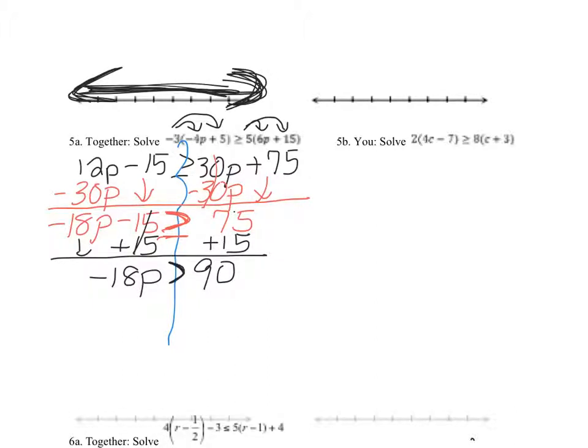Adding doesn't change your inequality. And last, I'm going to divide by negative 18. I get p, negative 5. Dividing by a negative, however, is going to change this symbol, so it's going to become a less than or equal to.